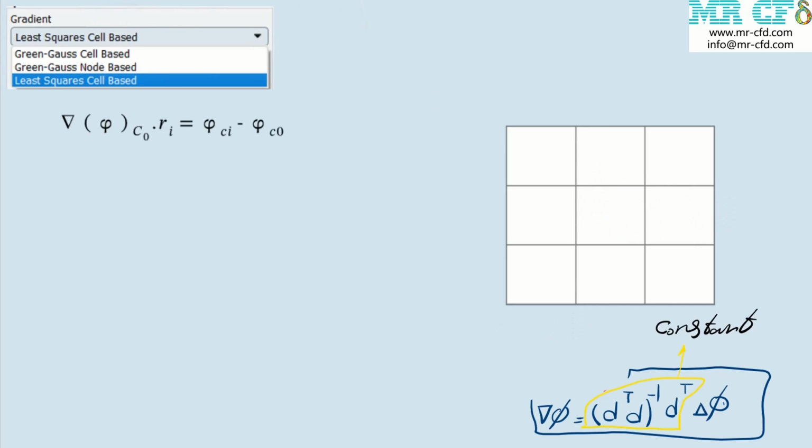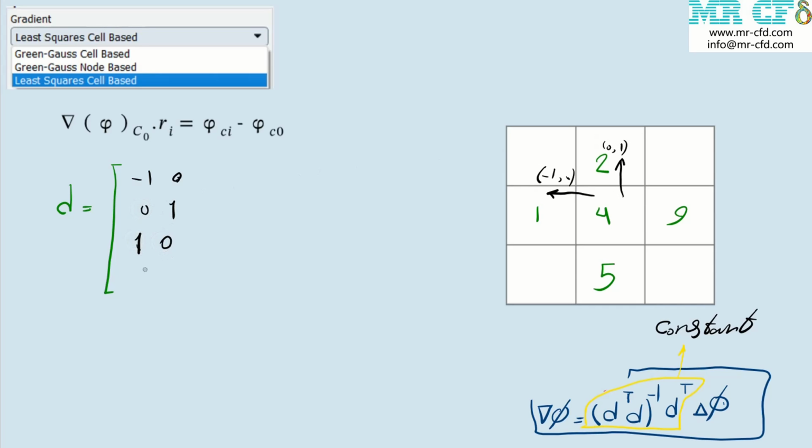For example, considering the same grid and values of phi at these grid points, the matrix D for the system would be 0, minus 1.